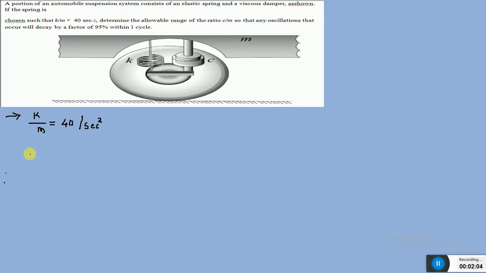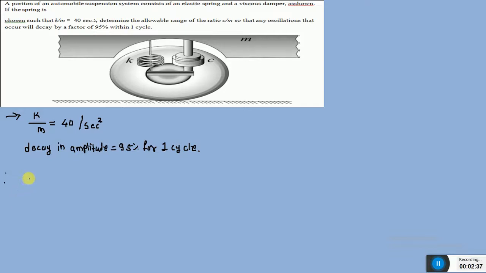Then the information about the amplitude decay is given. So this decay in the amplitude is 95% for one cycle. So what is the meaning of this 95% for one cycle?